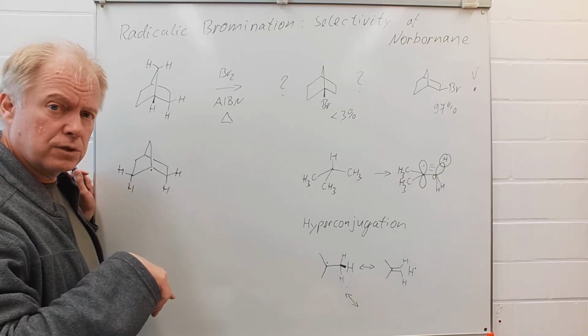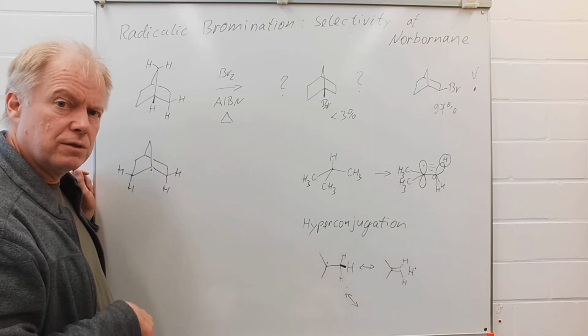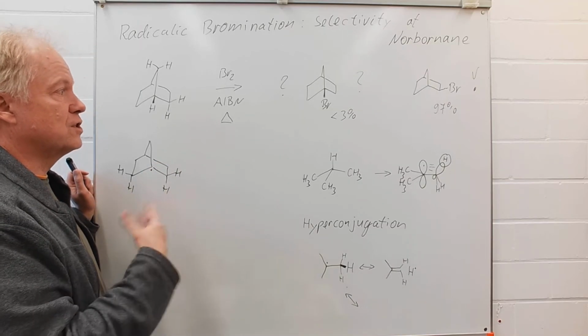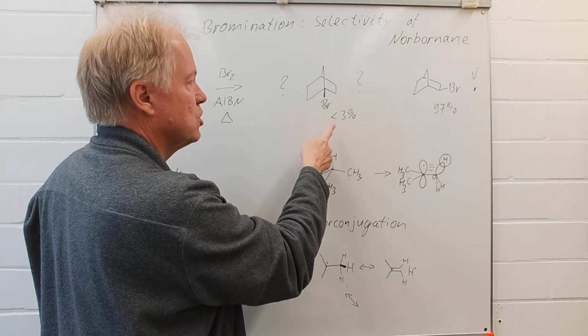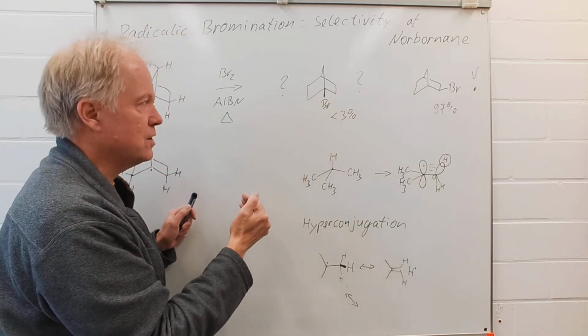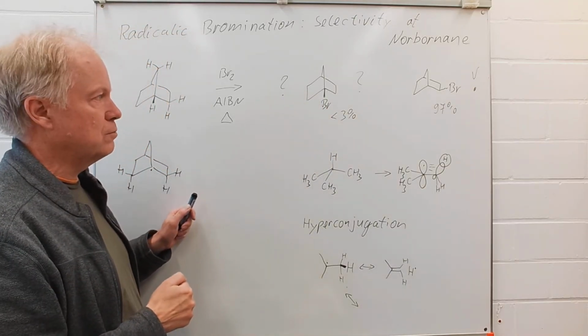However, if we have a look in SciFinder at what the real results of this type of reaction are, we will find that we would achieve less than 3% of the anticipated product.